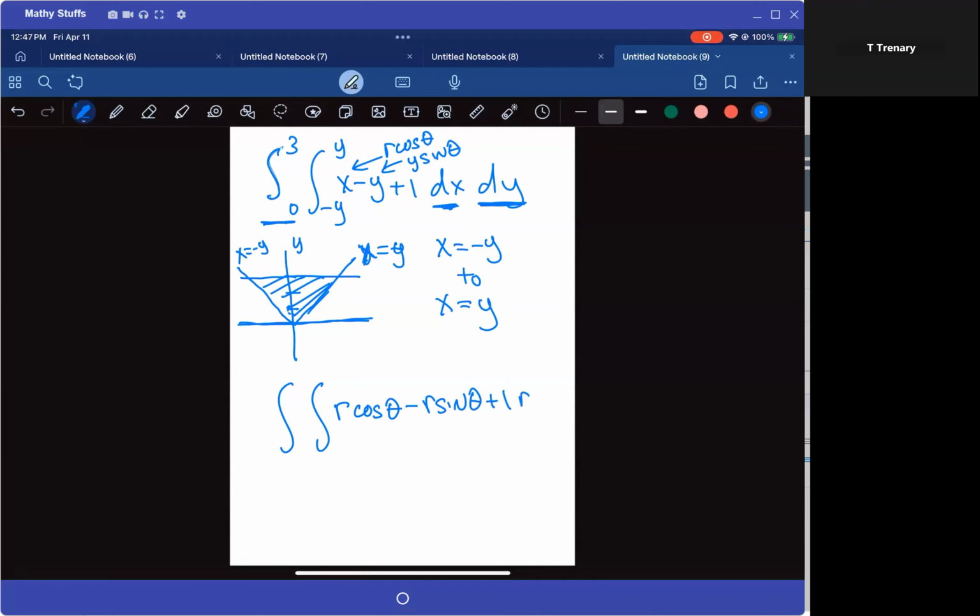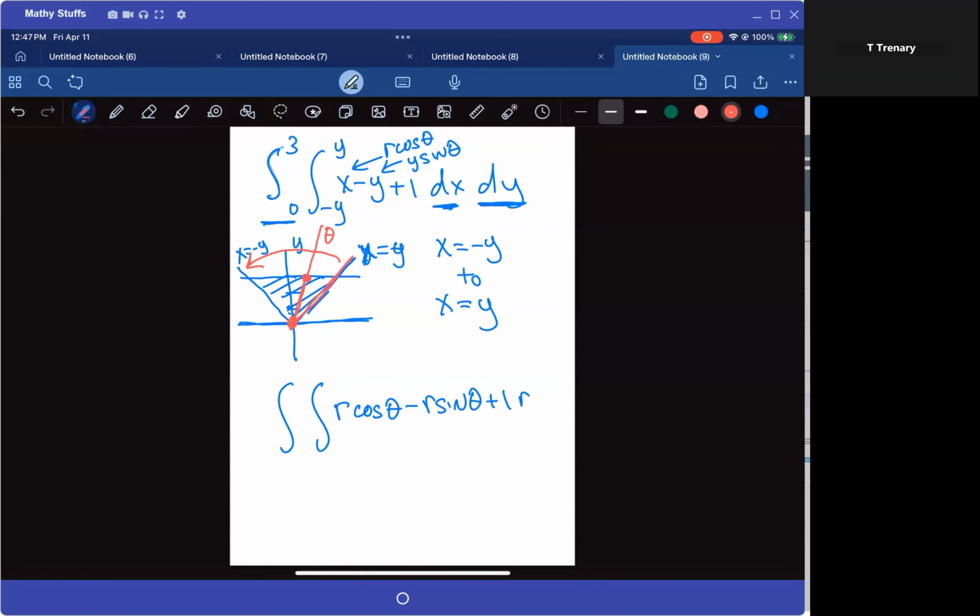And let's hold off on the dr d theta because now when we think about what's going to go on the outside, am I going to sweep with the radius or am I going to sweep with the angular measurement? And you notice here that if I let theta start here and then sweep all the way across, but make sure that for each particular theta slice that I have, the radius goes from 0 to that line right there.